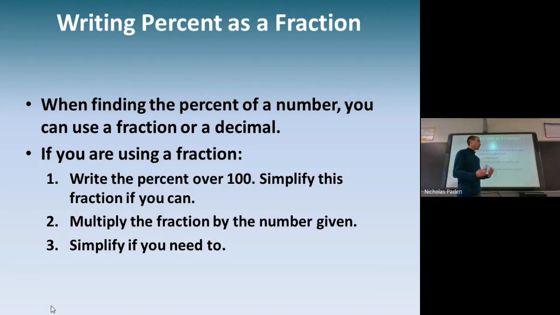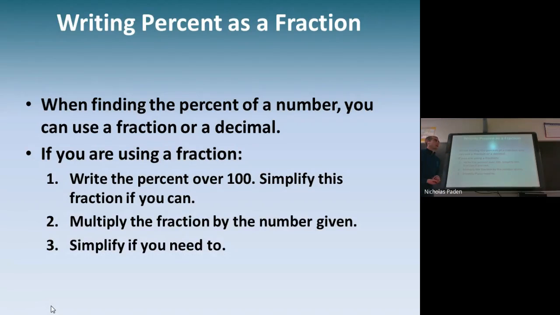If we've got to find 30%, we would do 30 over 100 times whatever number we're talking about, and then we simplify after we've done that. And so that's if we want to use a fraction. Like I said, sometimes it would make sense to use a fraction. If we have like 50%, 50 over 100, that's a half, one half. That might be a little easier to multiply.